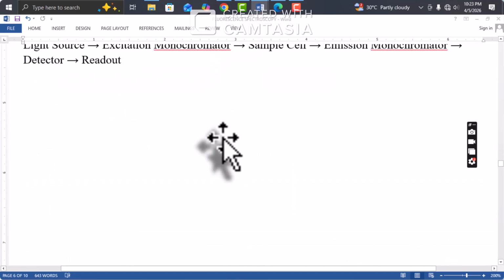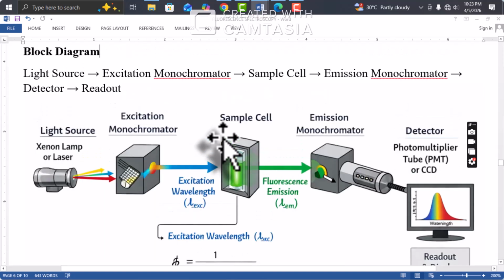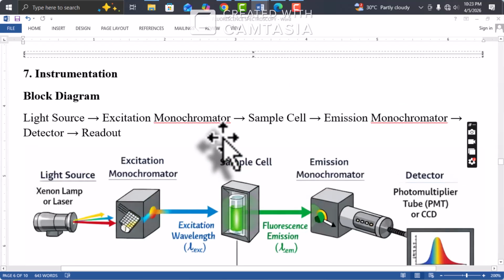Now, the equipment, how does it operate? We talk about the fluorescence spectrophotometer. That is the name of the equipment. In case I ask you to give me a block diagram and a schematic diagram of the fluorescence spectrophotometer, this is what you are going to give me.